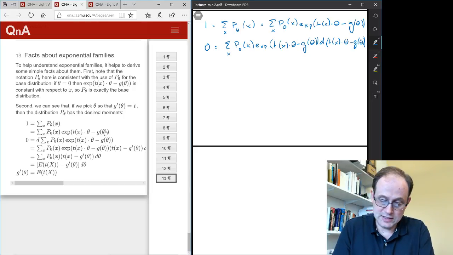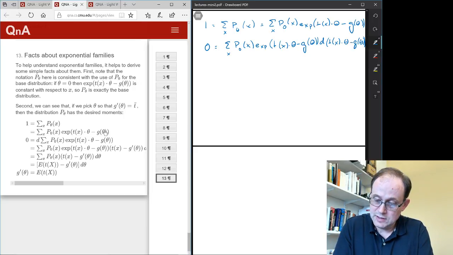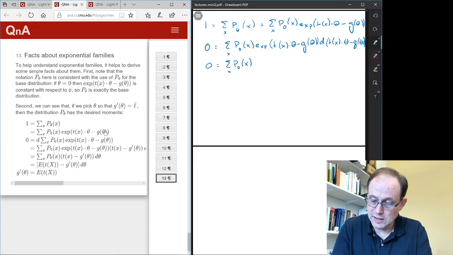All right, so 0 is equal to the sum over x of p0 of x, exp of t of x dot theta minus g of theta.